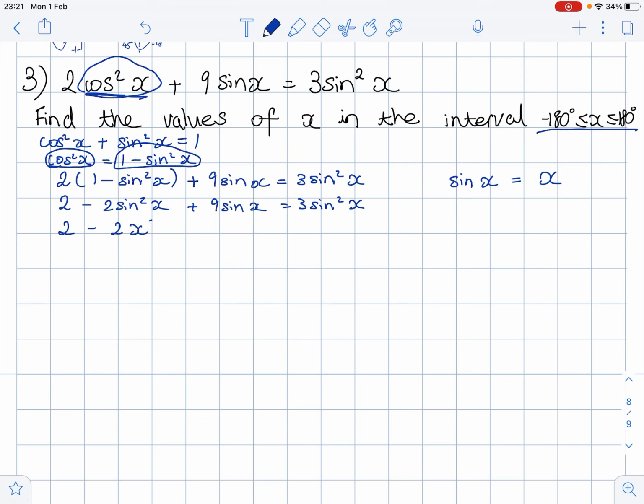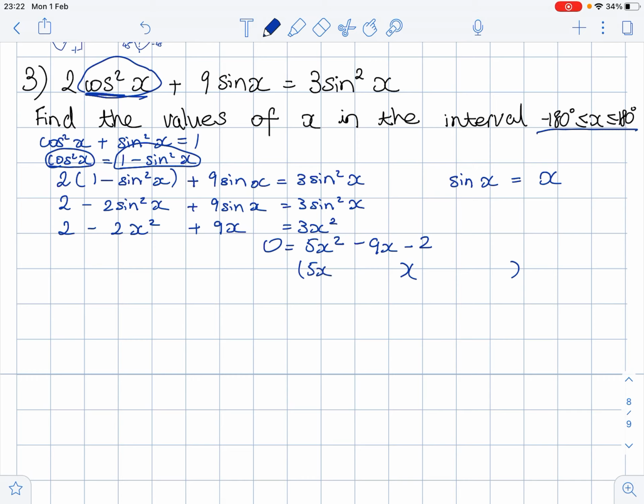So I have 2 minus 2x squared plus 9x equals 3x squared. So just rearrange, remember when we solve, we need to make our quadratic equation equal to 0. So moving to the other side, I have 5x squared minus 9x minus 2 equals 0.